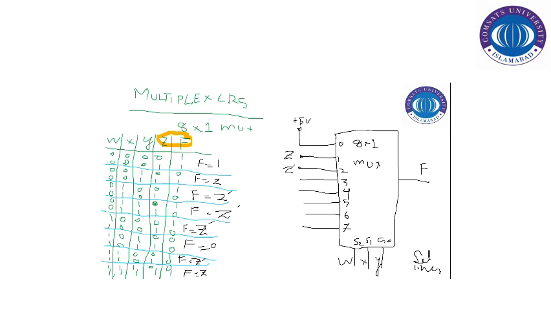We can also have an inverter here from this line. The fourth one is also Z prime. The fifth is also Z prime.